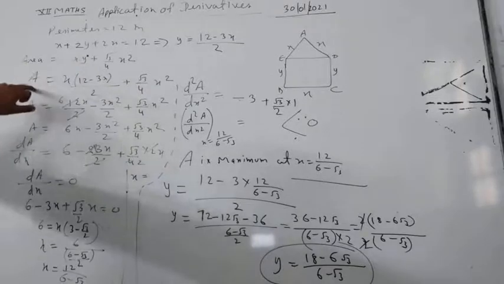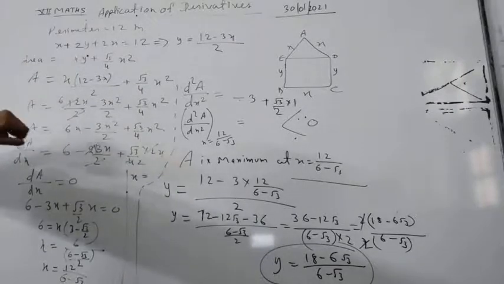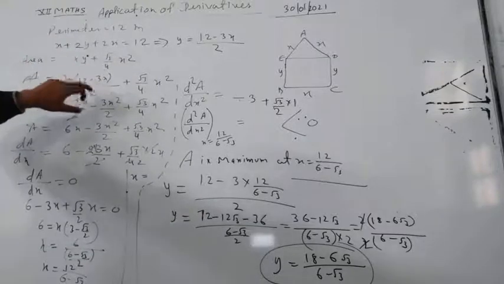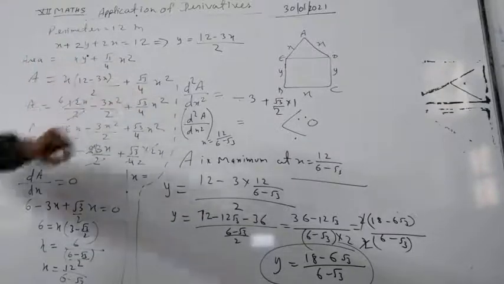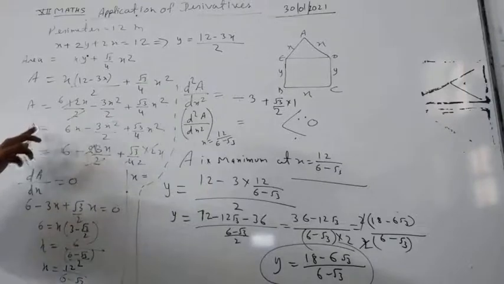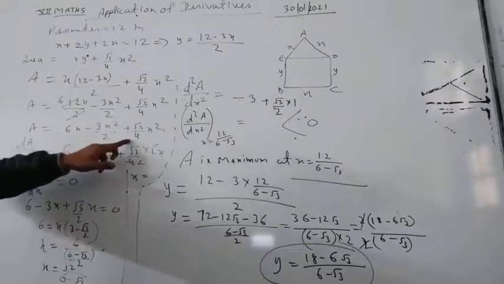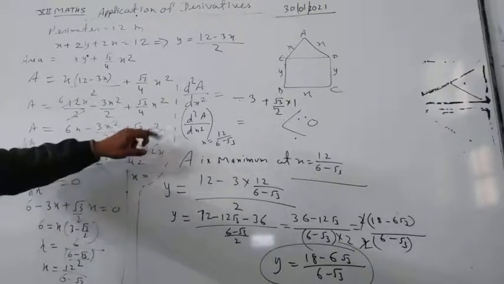Now we differentiate this with respect to x. Okay students, so first of all we put the value of y from here, and after calculation we are getting A = 6x - 3x²/2 + √3/4 x².